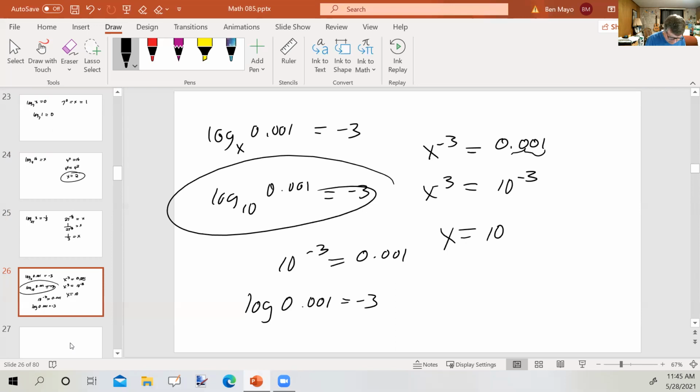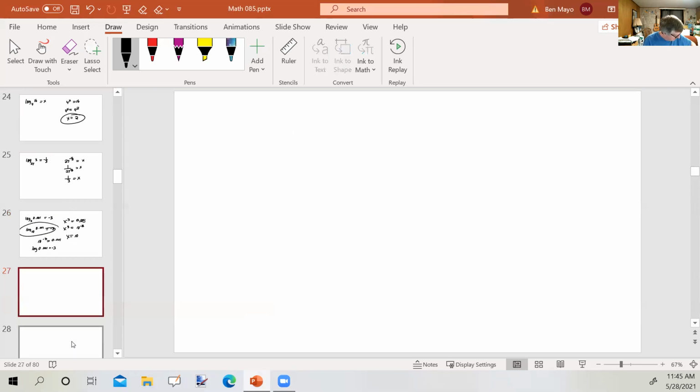Okay, now this says evaluate each logarithmic expression. Log base 3 of 9. It doesn't say this, but it means do it without a calculator. I don't know what that's equal to, so let's call it box. We'll say log base 3 of 9 equals box.